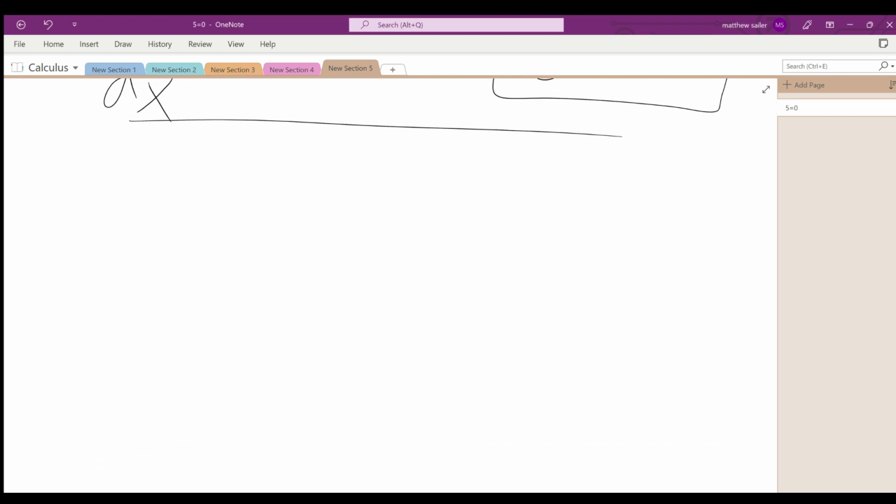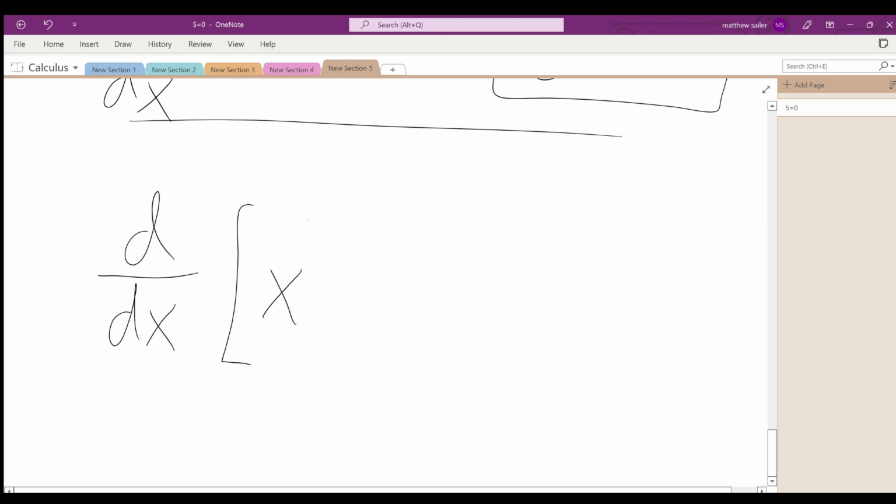They are commutative, so if you have the derivative of two things added together, for example, let's say we're taking the derivative of x squared plus x cubed, the derivative of this entire thing.